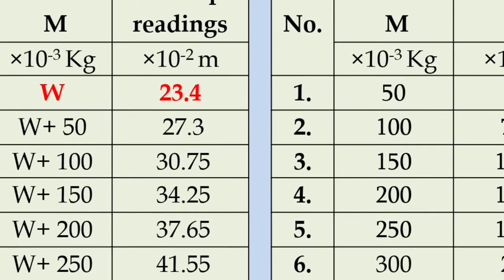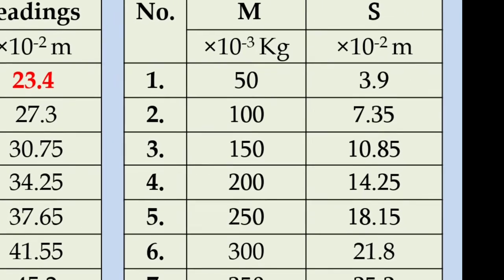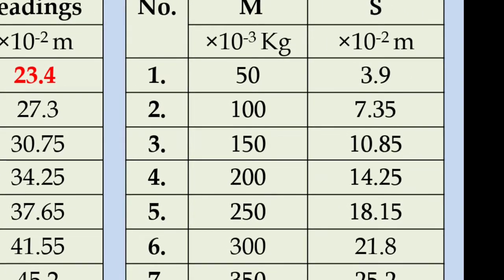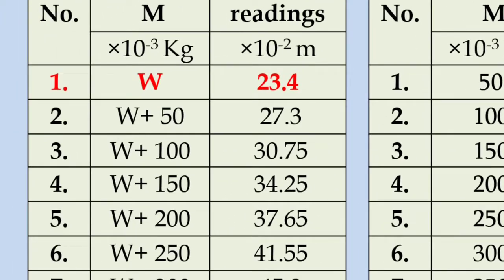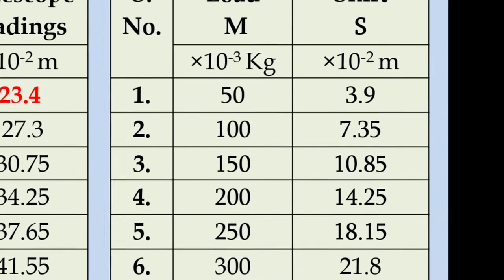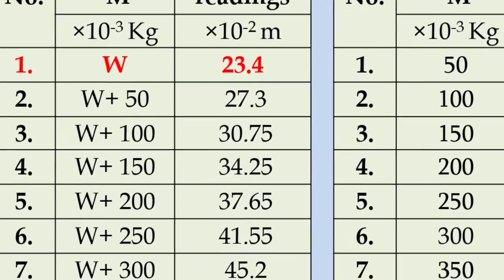For 50 grams of shift, we subtract 27.3 and 23.4, so for 50 grams we got 3.9. For the next set of readings, that is 100 grams, the scale reading is 30.75 minus the dead weight 23.4, and we got 7.35.